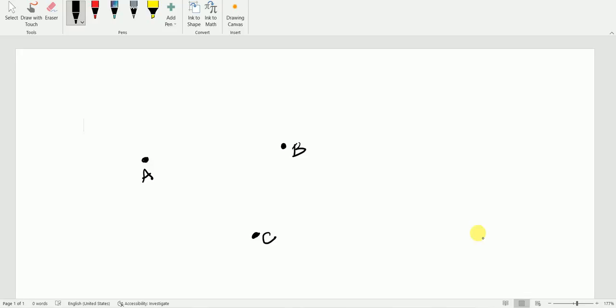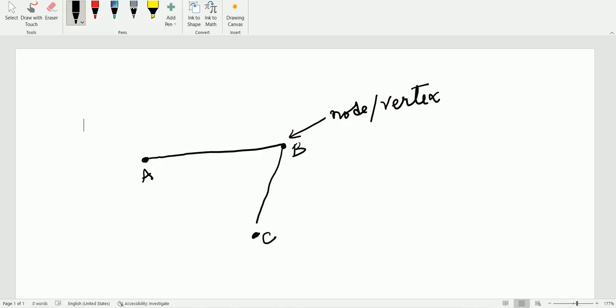These places are called nodes or vertices, and a route, maybe a road, may connect A with B and B with C and again C with A. These roads or maybe railway lines are known as links in transport geography, or edges.